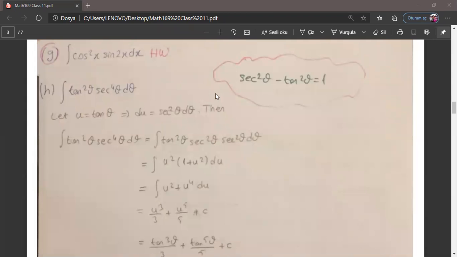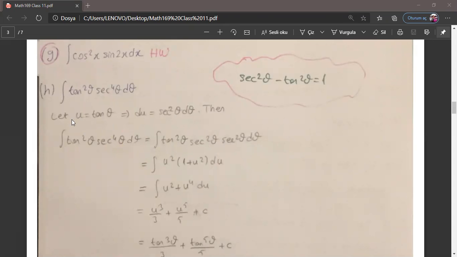So let's look at that. Remember this identity. Let u be tangent theta. Okay, then differentiate it and get this identity. So what do we have? If we write this secant to the 4 in this form, secant squared times secant squared, we have exactly the same integrals.